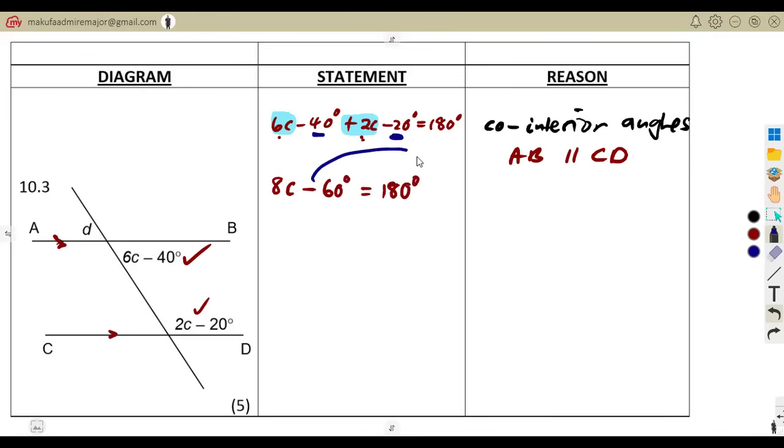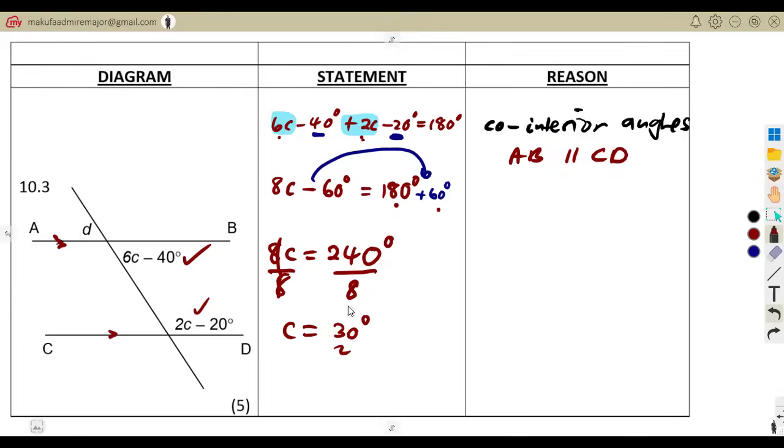Transpose or take this minus 60 to the other side of the equation. The moment it crosses the equal sign, it becomes a positive. So 8C is equal to 180 plus 60, which gives you 240 degrees. You divide by 8, you divide by 8. That's obtaining the value of C, which is 30 degrees. So we have the value of C, 30 degrees.